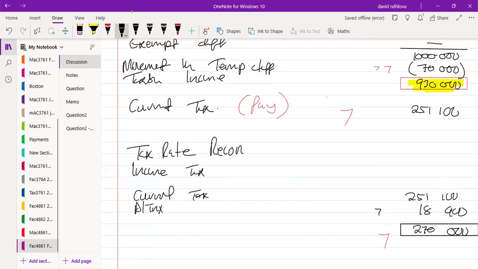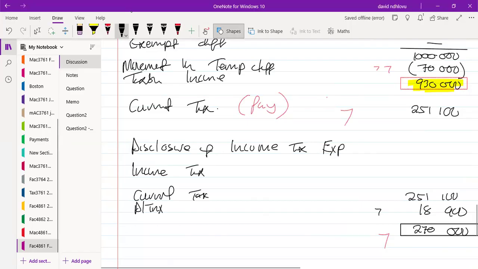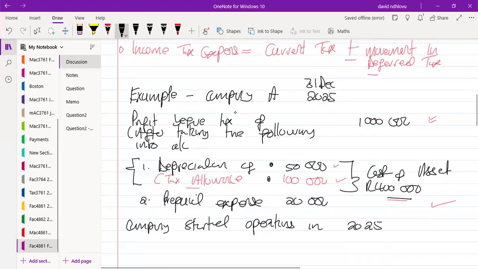You see, most questions will ask for the tax rate reconciliation and the disclosure of income tax expense. And this amount that you end up with, 270, is what you are going to show here.